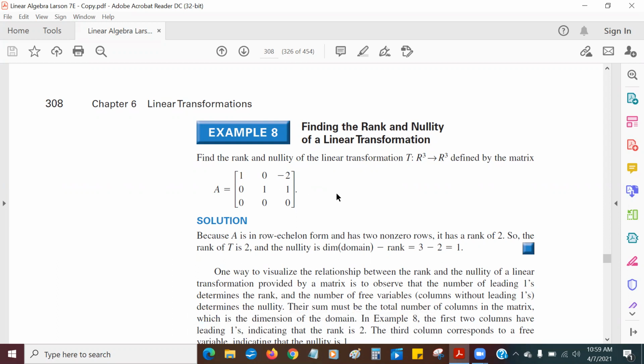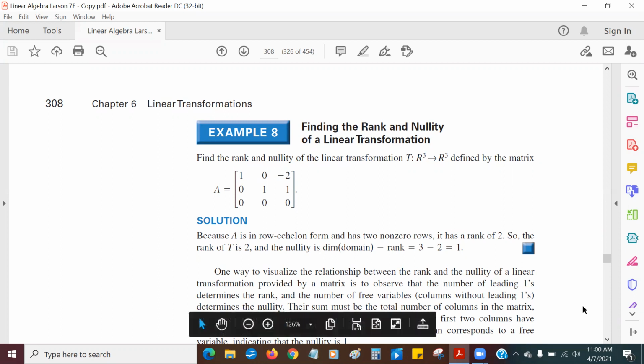Since A is in row echelon form already, it has 2 non-zero rows, so it has a rank of 2. So the rank of T is 2, and the nullity, which is the dimension of the domain minus the rank, is equal to 3 minus 2 equals 1.